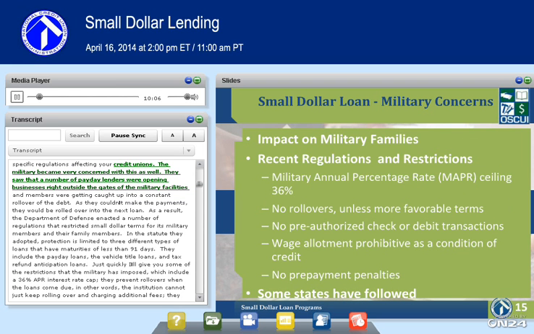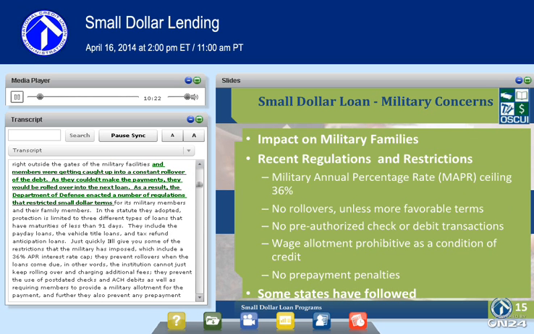The military became very concerned with this as well. They saw that a number of payday lenders were opening business right outside the gates of the military facilities, and the members were getting caught up in a constant rollover of the debt. As they couldn't make the payments, they would be rolled over into the next loan.